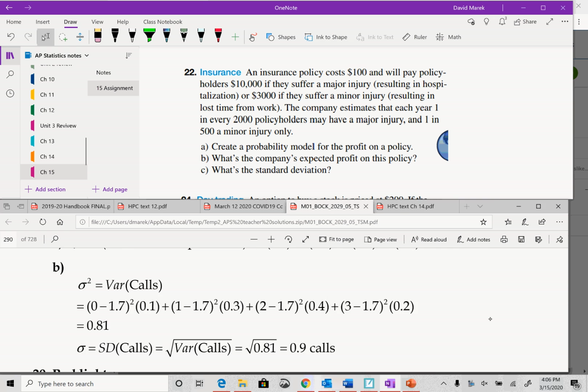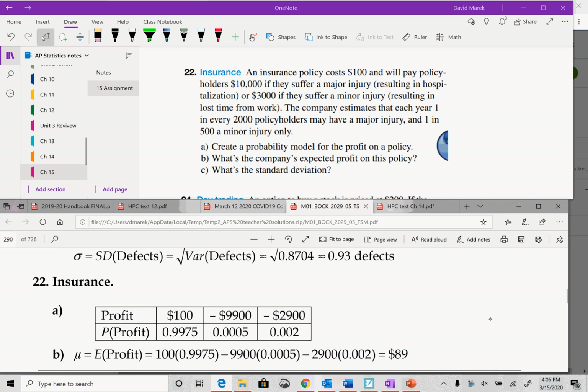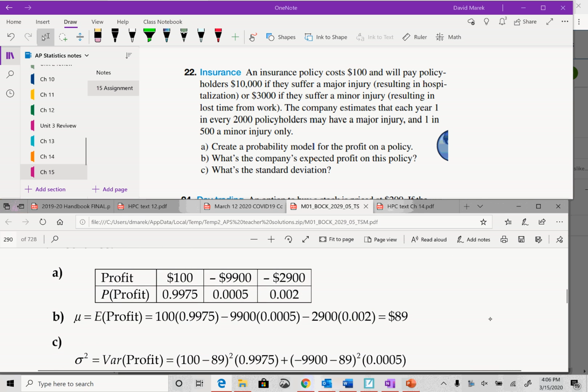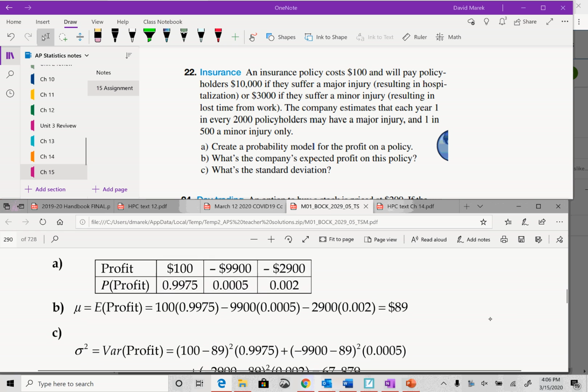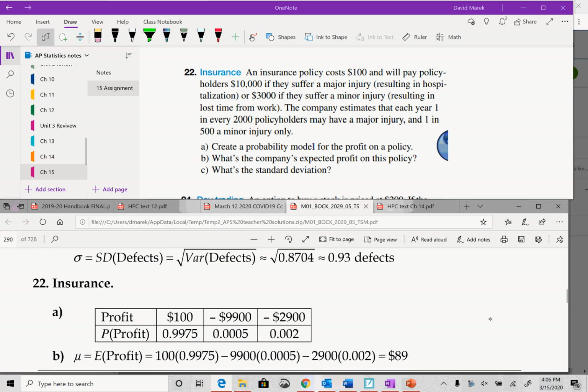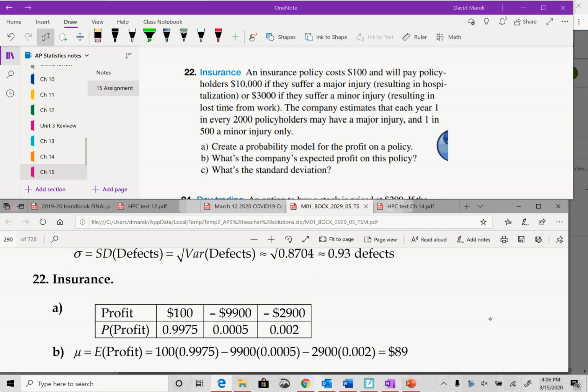Okay, for 22, looking at things not from your standpoint as the policyholder, but from the standpoint of the insurance company itself. So for part A, create the probability model for the profit that the company makes on a particular policy.